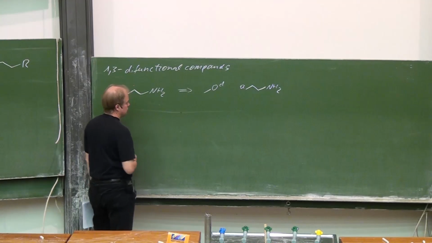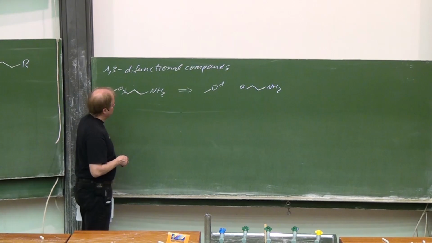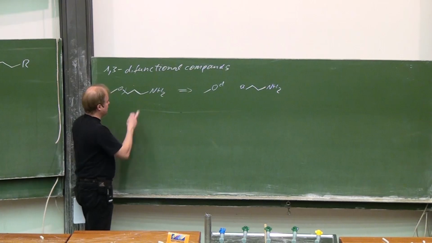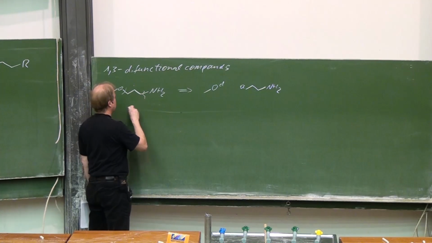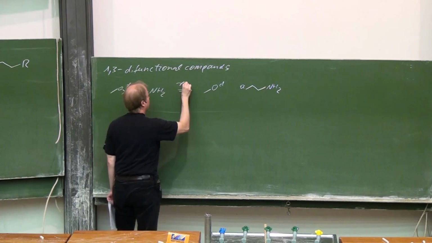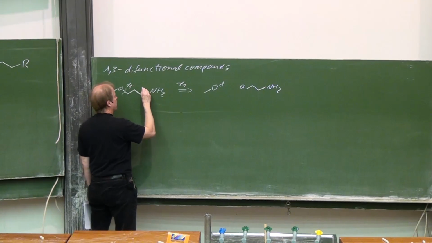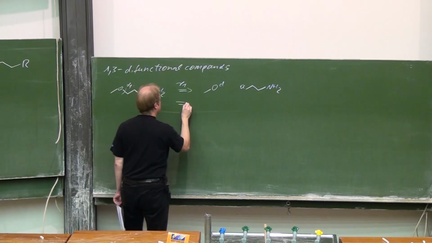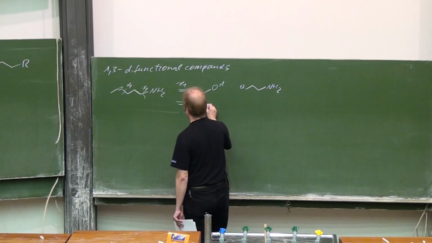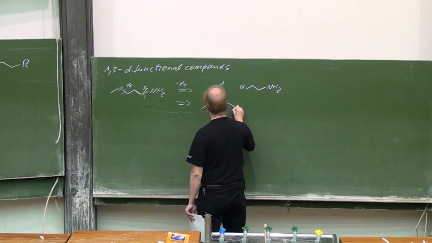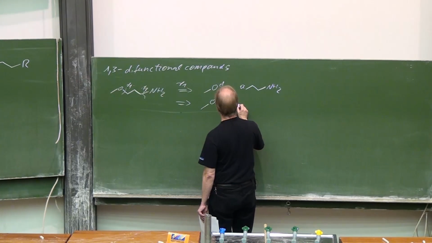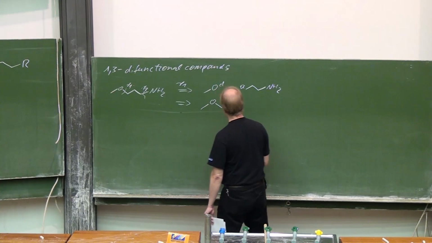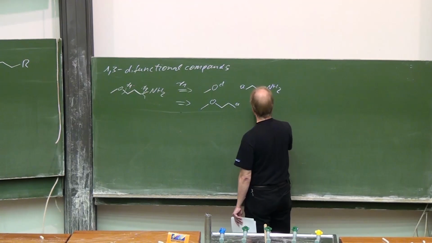The same result or similar result we would get if we make the disconnection here. Here, acceptor reactivity, and there, then the donator reactivity.